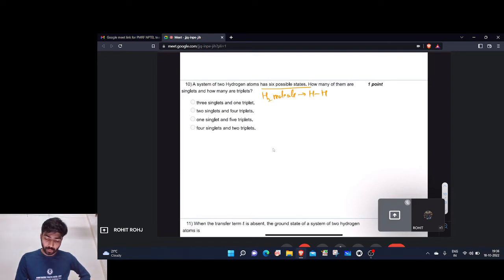The two electrons shared by these two hydrogen atoms can be written as follows: the spins of the electrons present on the two atoms are in the same direction as a triplet state, or they can be both down, another state, or a linear combination of states which is still triplet, H1 down and then constructively with.